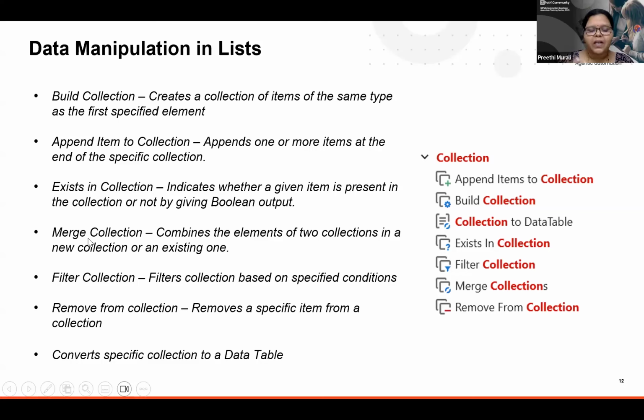Then we have merge collection: if there are two lists, how can we merge them? Finally, we can also see the filter collection, which will filter based on a particular condition. Then we have remove from collection, so we can remove a particular item from the list, and there are different ways of doing it. I'll be telling you about a few ways.